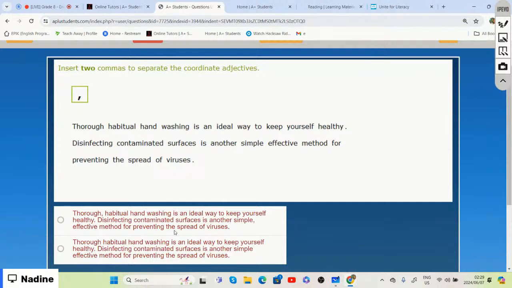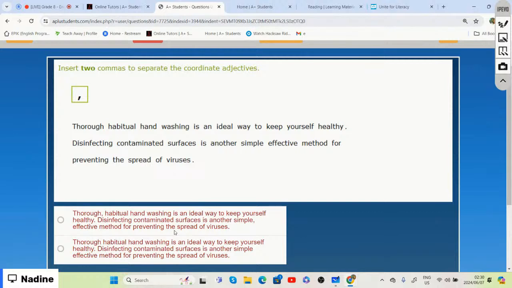The first one says thorough, comma, habitual hand washing is an ideal way to keep yourself healthy. Disinfecting contaminated surfaces is another simple, comma, effective method for preventing the spread of viruses.